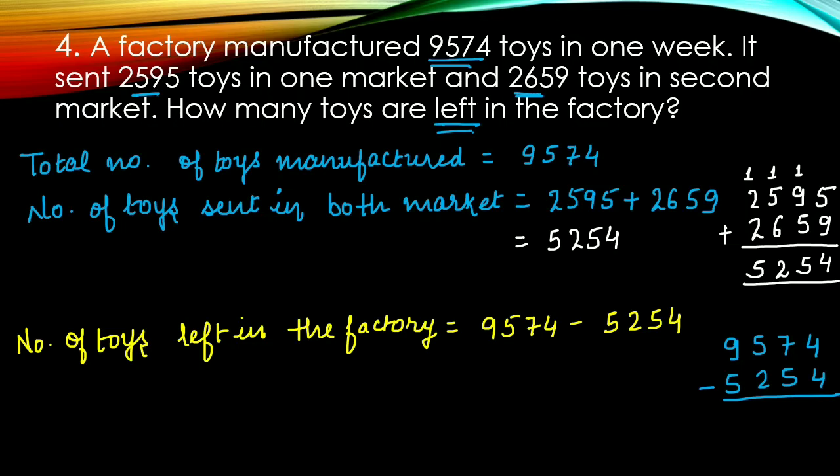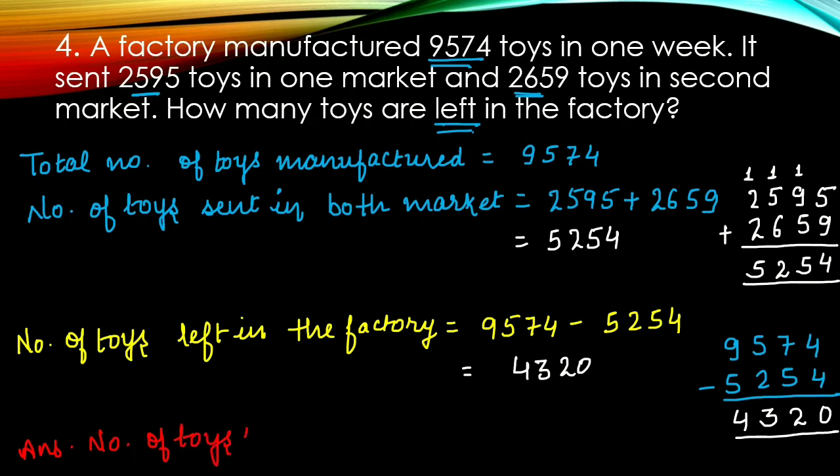Here 4 minus 4 will be equal to 0, 7 minus 5 equals 2, 5 minus 2 equals 3 and 9 minus 5 is equal to 4. So it is equal to 4320. Therefore the answer is, number of toys left in the factory is equal to 4320.